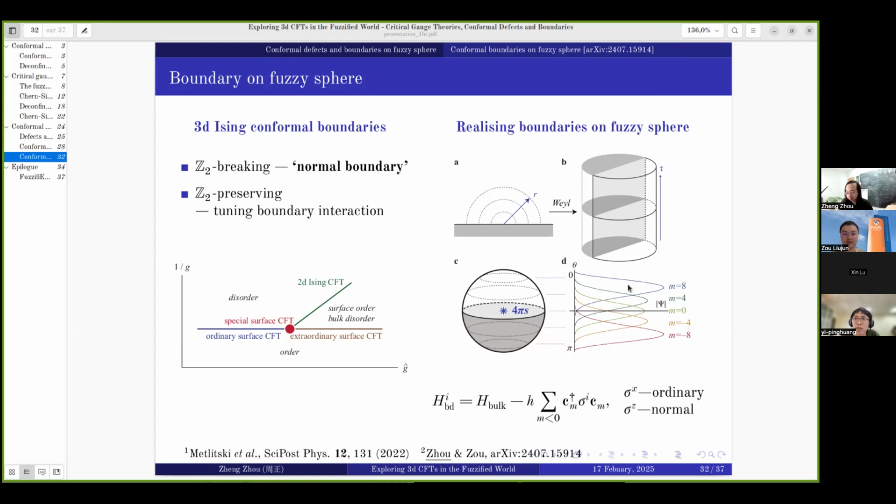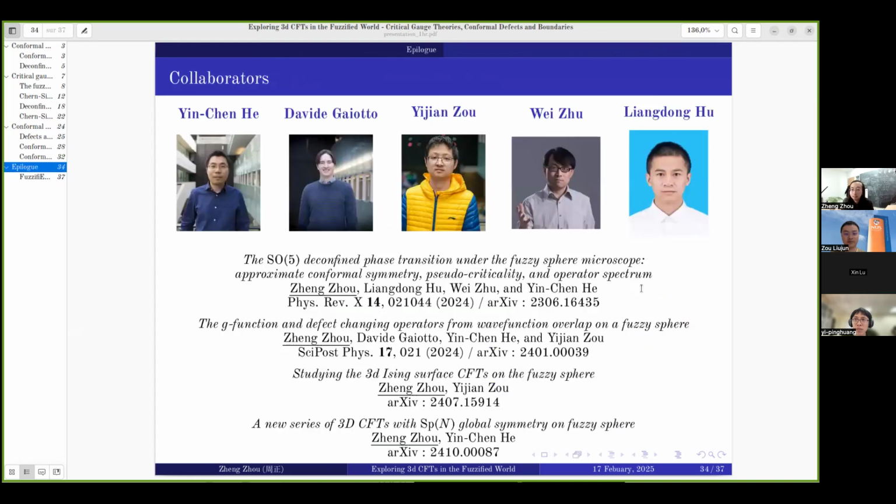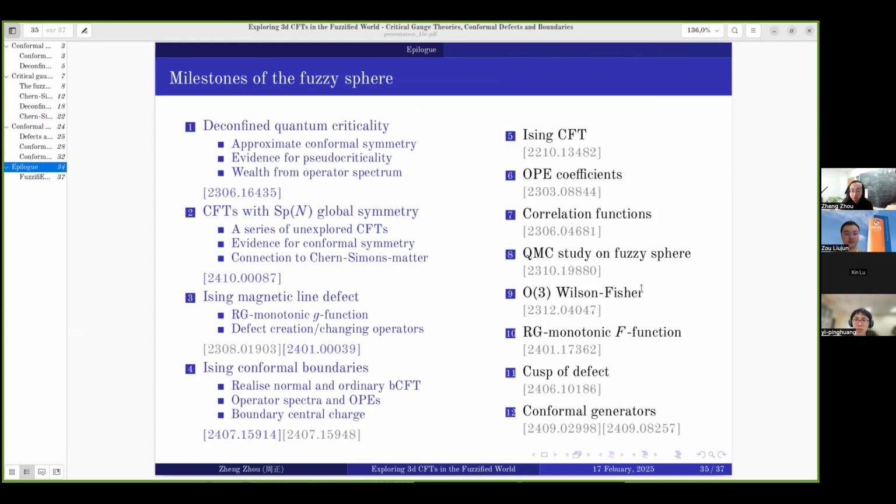How good is the fuzzy sphere at calculating the 4-point functions? There has been work calculating the 4-point functions. This work, I believe. And so far, I think it is possible to calculate an arbitrary 4-point function.